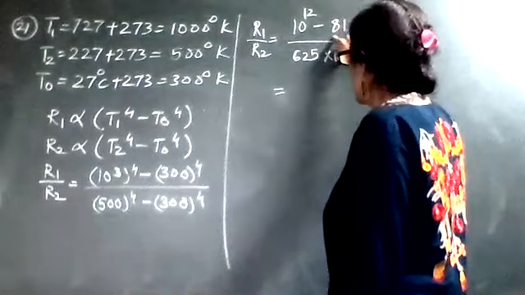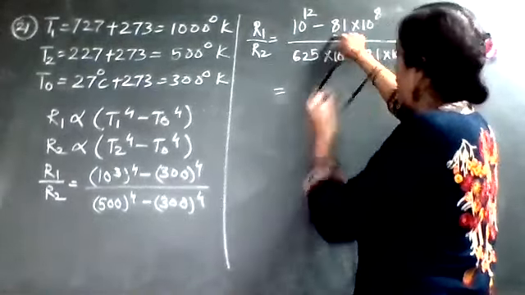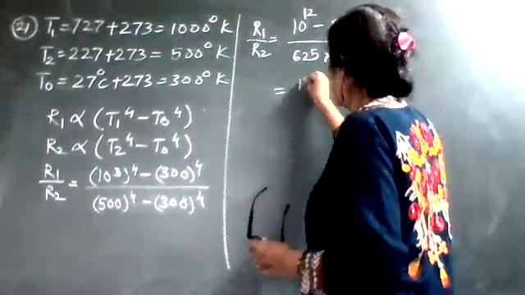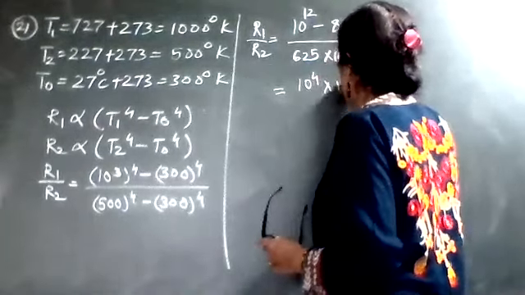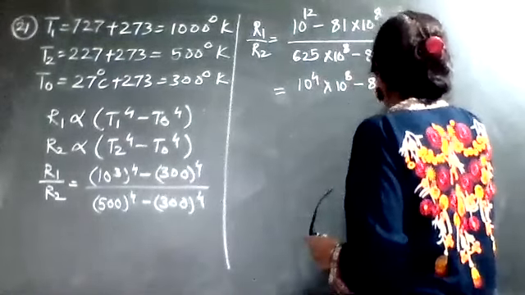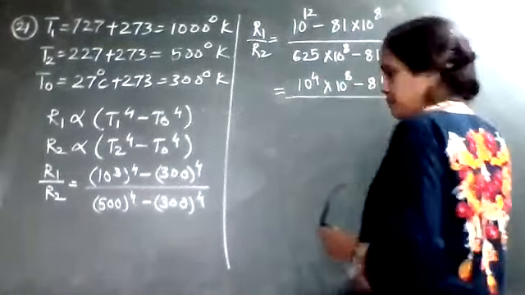So what happens here? If I say 81, I'll say 10 raised to 4 multiplied by 10 raised to 8 minus 81 multiplied by 10 raised to 8.